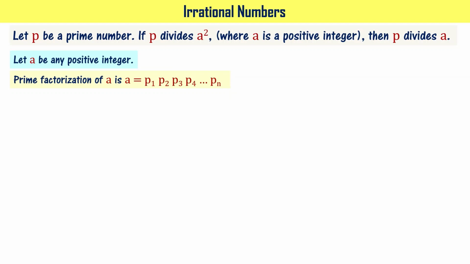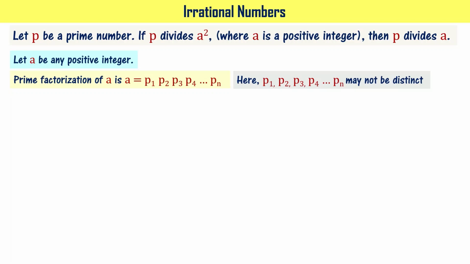Prime factorization of a can be written as, let's say, p1 times p2 times p3 times p4 and so on up to pn, right? Here, as you see, p1, p2, p3, p4 may or may not be distinct. We are not saying that they are distinct. For example, let's say 8 is 2 cube, right?